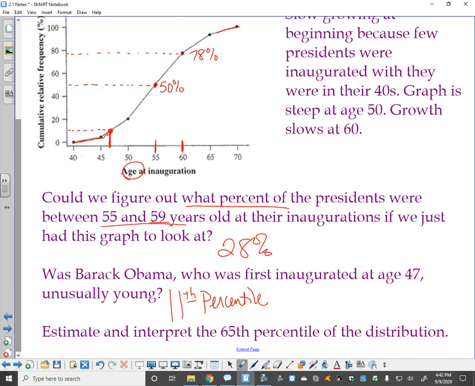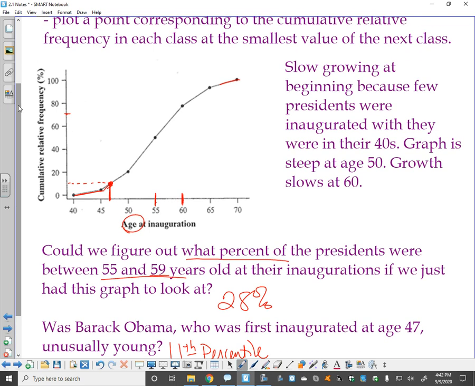Estimate and interpret the 65th percentile of the distribution. Okay, that's 70. So 65th would be here. Let's see if I can make a straight line. I think I went over a little bit.